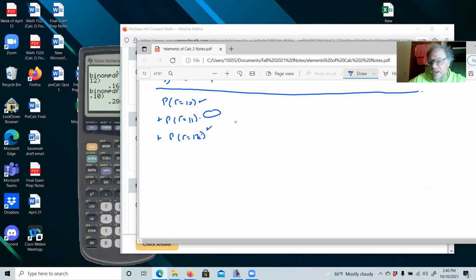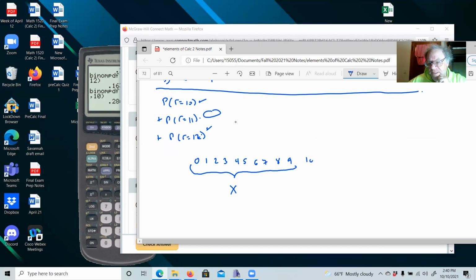Okay, so we're going to break our distribution into 2 pieces. We're going to say 0, 1, 2, 3, 4, 5, 6, 7, 8, 9. And the cumulative function will tell us the sum of all of this stuff. Okay, we'll just call it X. What's left?